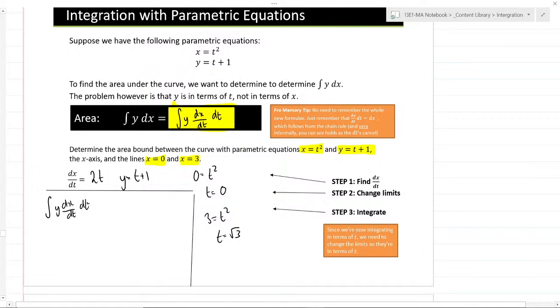So it's going to be the integral between 0 and root 3 of y, which is t plus 1, times by dx, which is 2t, with respect to t. Everybody all right with that so far? So this is going to be the integral between 0 and root 3 of, you definitely need to expand this out, 2t squared plus 2t dt.